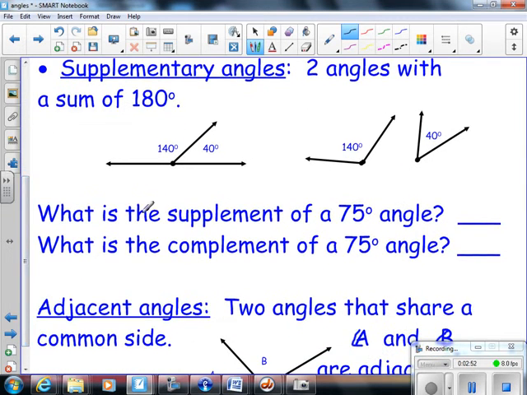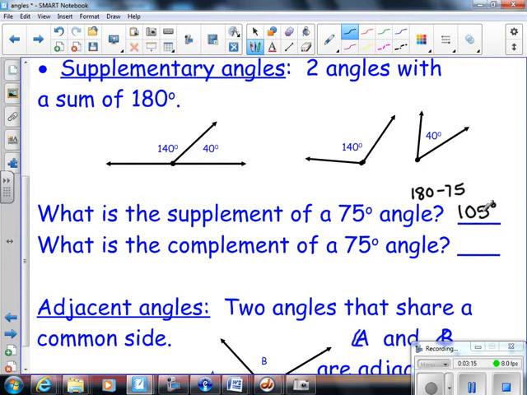Okay, then what is the supplement of a 75-degree angle? Well, supplementary angles add up to be how much? Okay, 180. So I'm thinking to myself, 180 minus 75, and what do you get? You get 105 degrees.